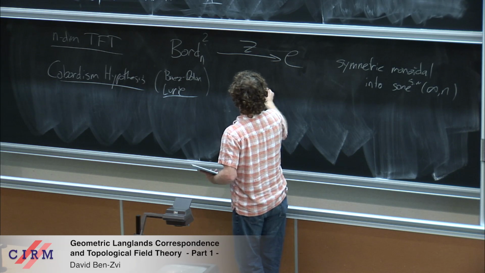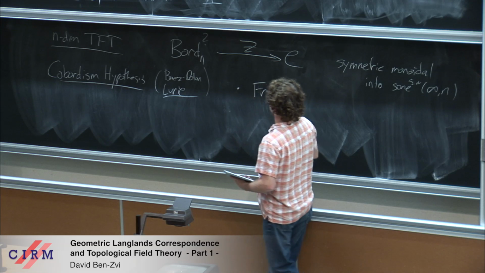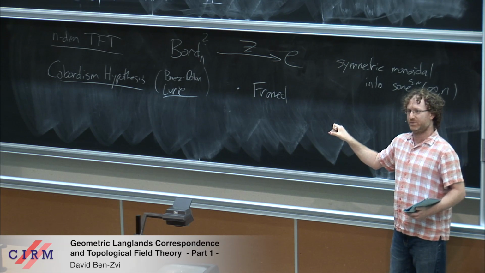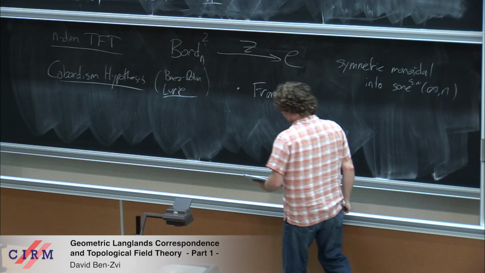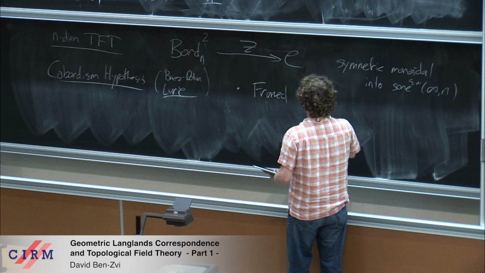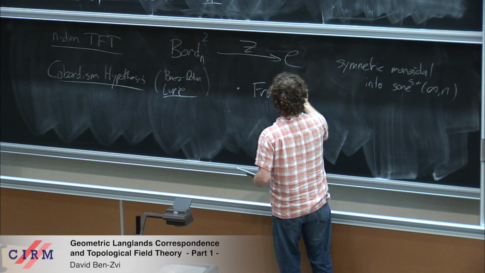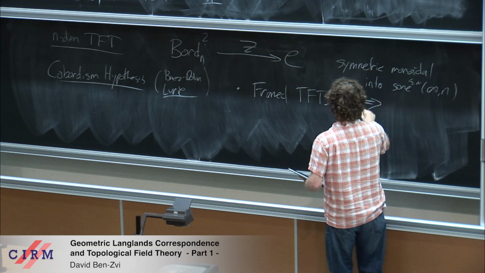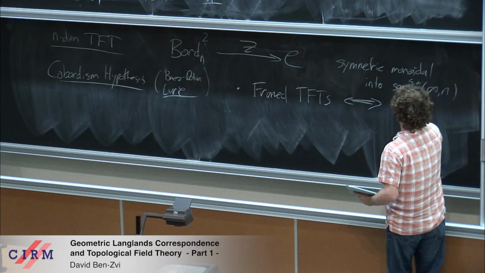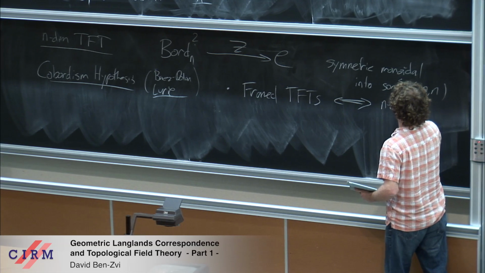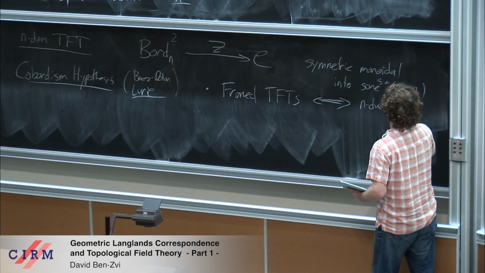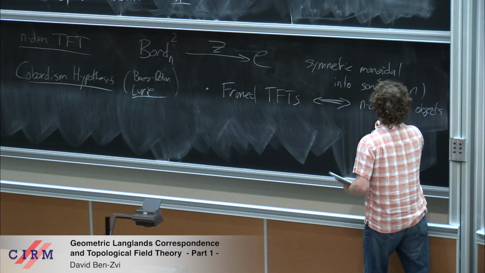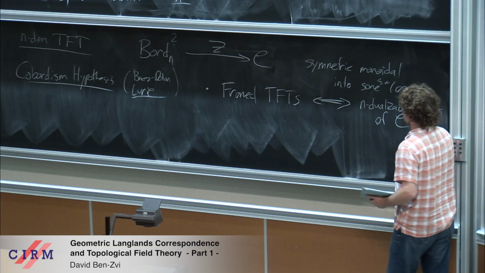It says that if I look at framed topological field theories, so all my n-manifolds will have trivializations of their tangent bundle, then framed n-dimensional topological field theories are completely determined by certain objects called n-dualizable objects of the target.